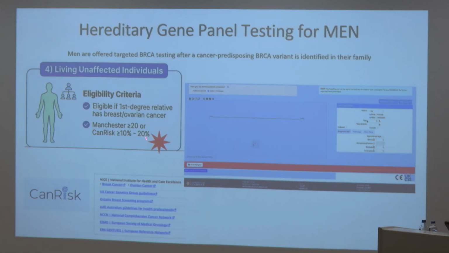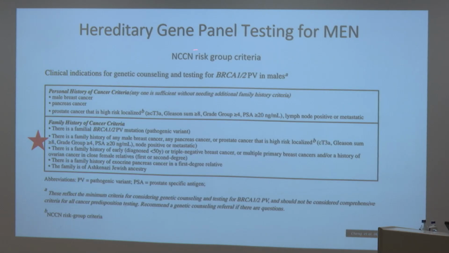CAN risk is a Cambridge-based web tool. It's free, and you enter some data here. If the risk is over 10%, plus the healthy man has a first-degree relative with breast and ovarian cancer, you can ask for a genetic consultation and also the hereditary gene panel testing.